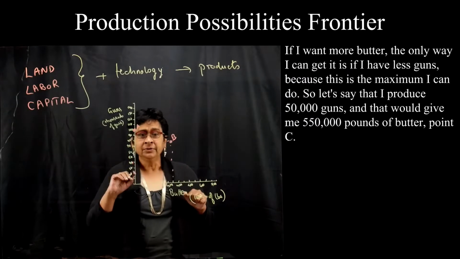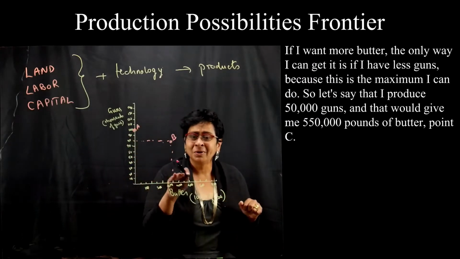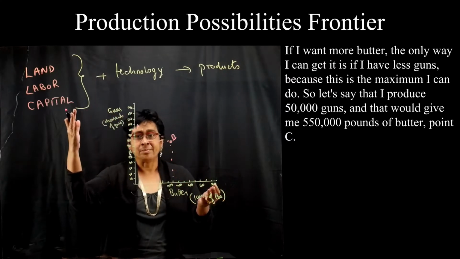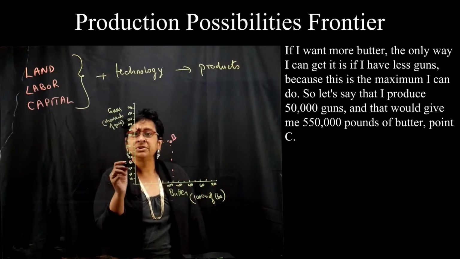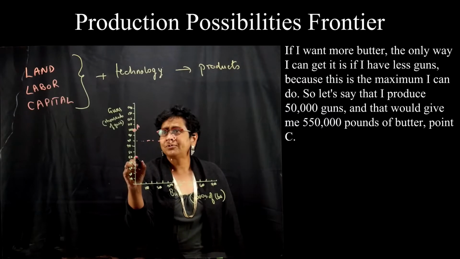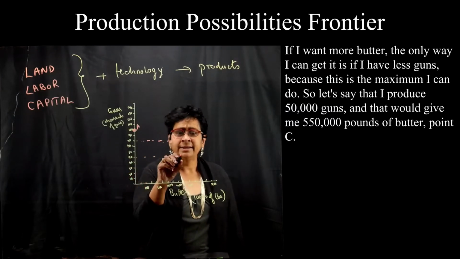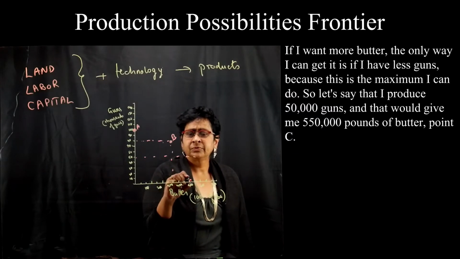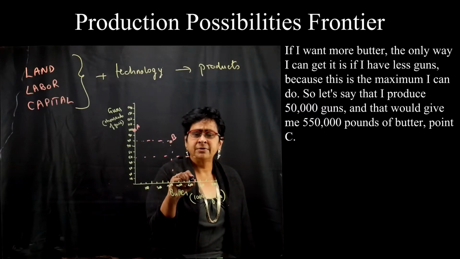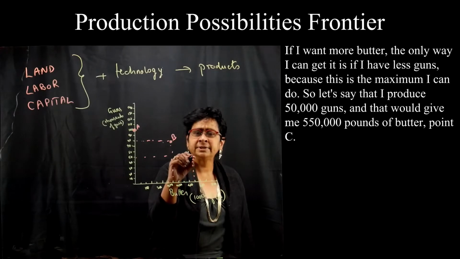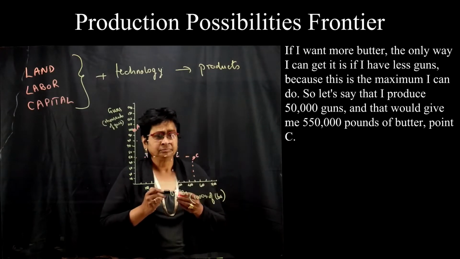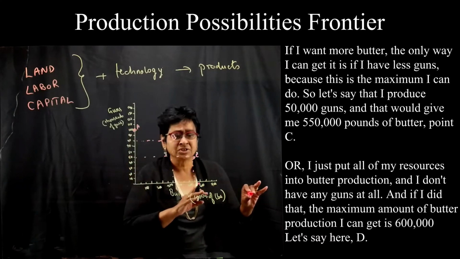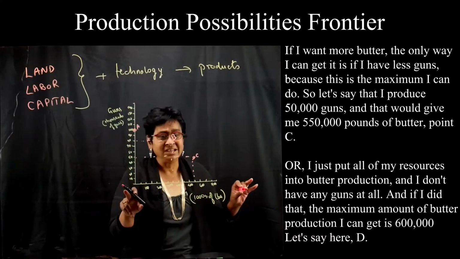That's an option. If I want more butter, the only way I can get it is if I have fewer guns, because this is the maximum I can do. So let's say that I produce 50,000 guns, and that would give me 550,000 pounds of butter. See? Or I just put all of my resources into butter production and I don't have any guns at all.